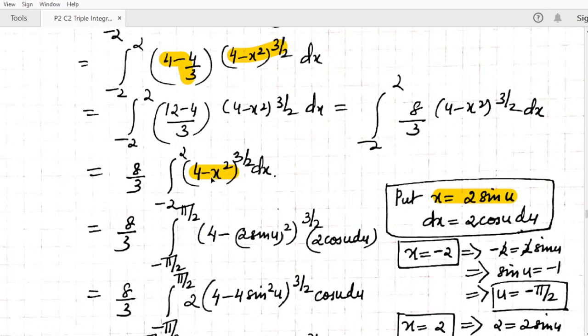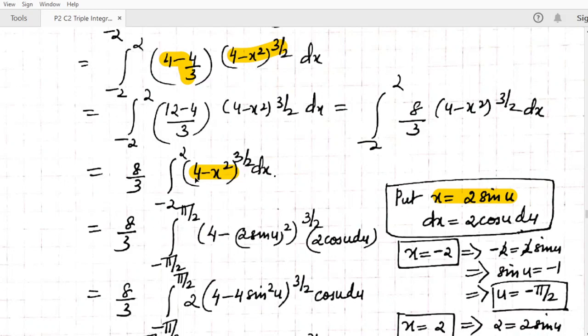The idea is that if this is 4 minus x square, we are trying to reduce it into a simplified form. So we are using 1 minus sine square or 1 minus cos square. If it is 1 minus sine square or 1 minus cos square, then we can reduce it into a simpler form. That is our motive here.